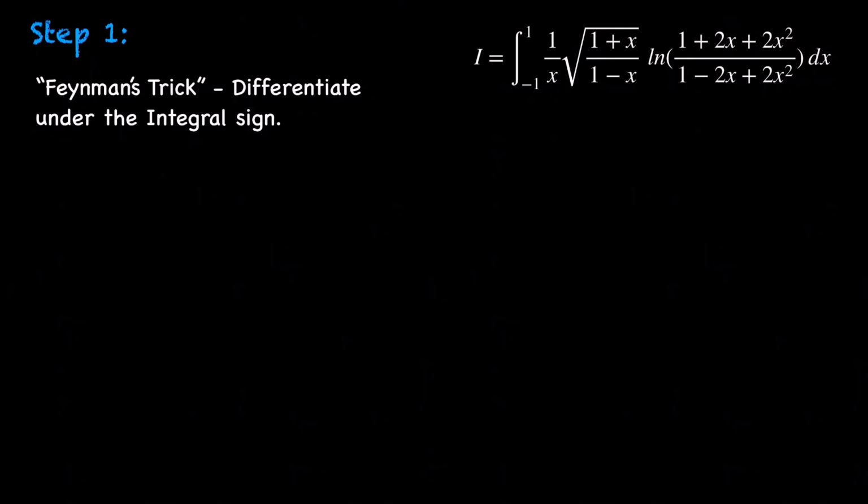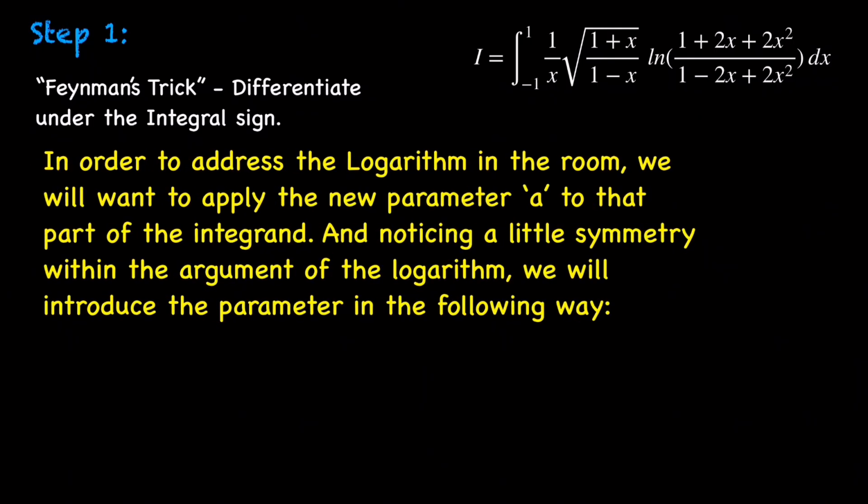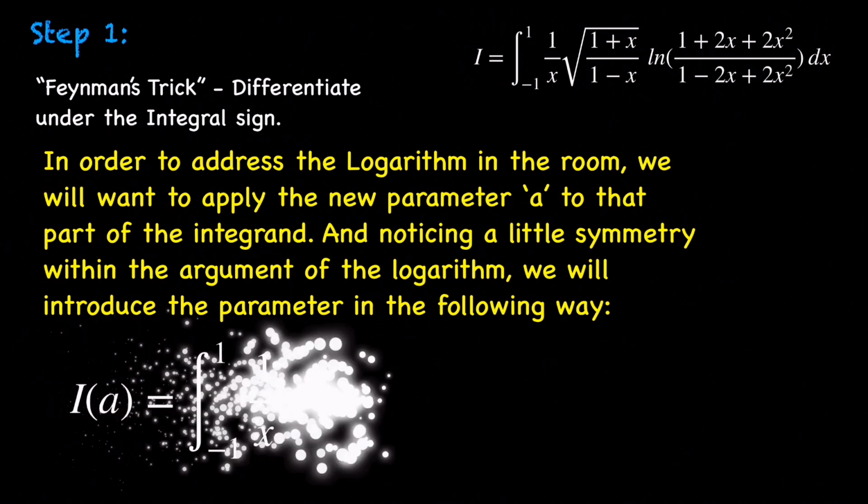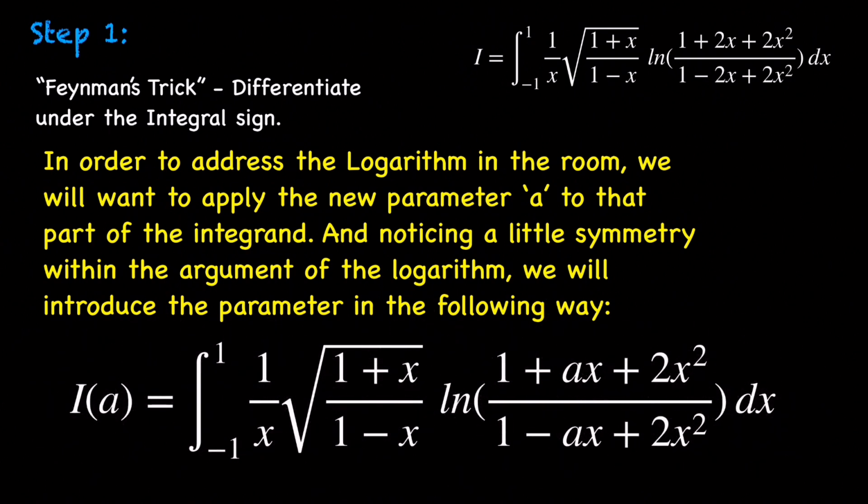Well, in order to address the logarithm in the room, we will want to apply the new parameter a to that part of the integrand, and noticing a little symmetry within the argument of the logarithm, we will introduce the new parameter in the following way into the logarithmic function.